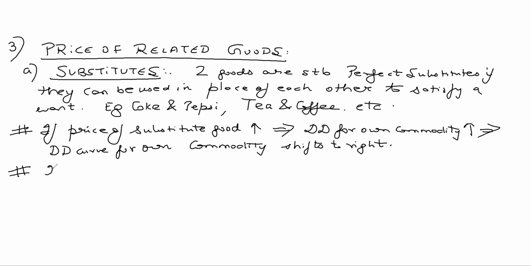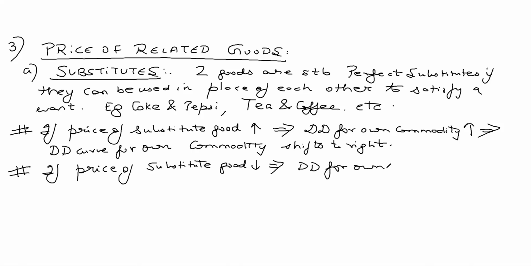And similarly, if the price of the substitute good falls, it implies demand for own commodity will fall. Example, if price of coffee falls, coffee becomes cheaper, people buy more coffee.